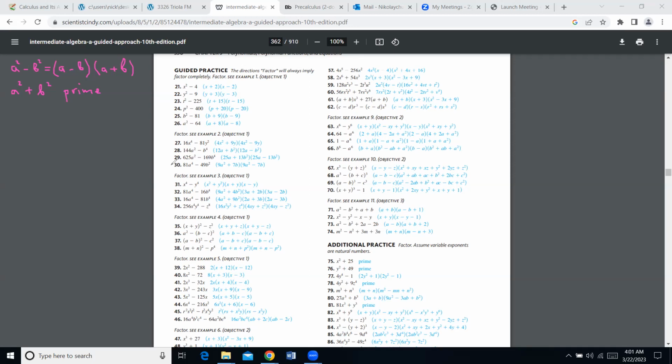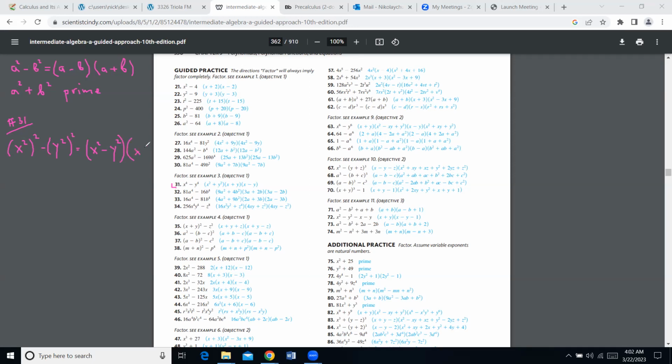Let's say exercise, problem number 31 here, uses the formula above that says if you try to factor a difference of two perfect squares, and we actually do have a difference of two perfect squares here, because my first will be x squared and the second will be y squared, and they're also squared.